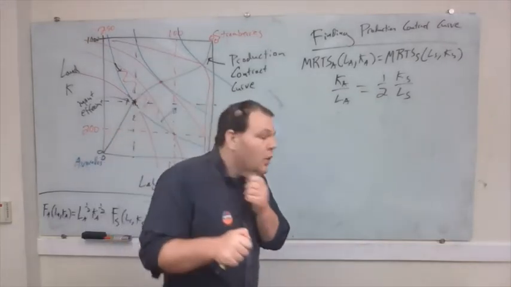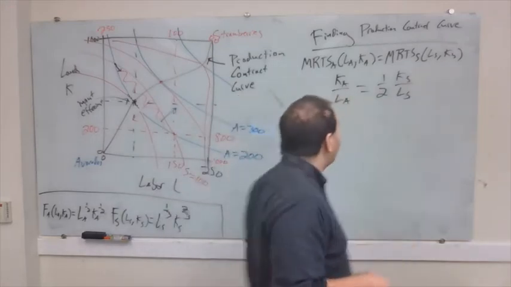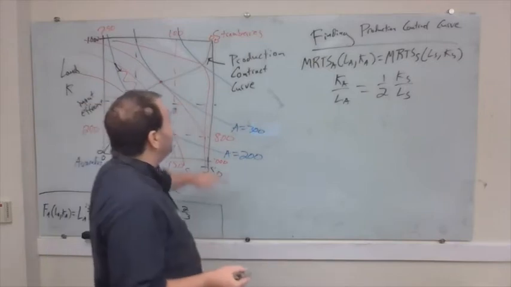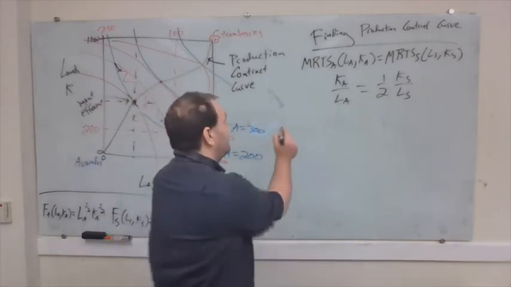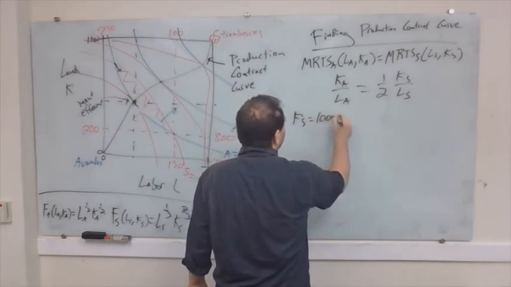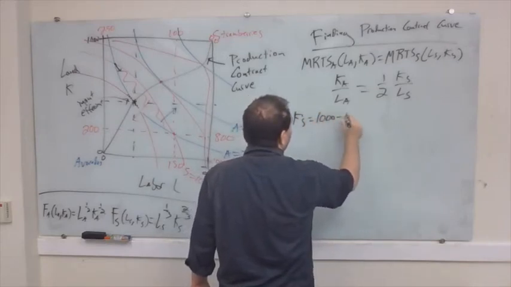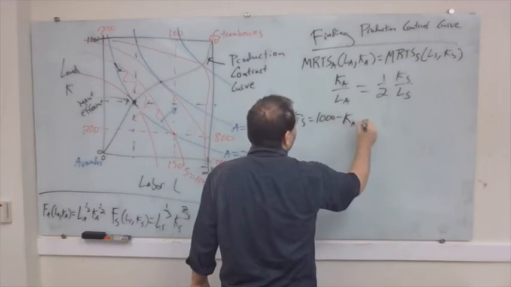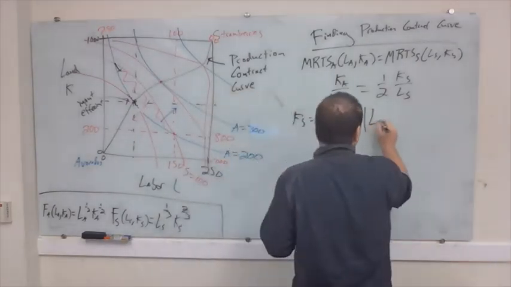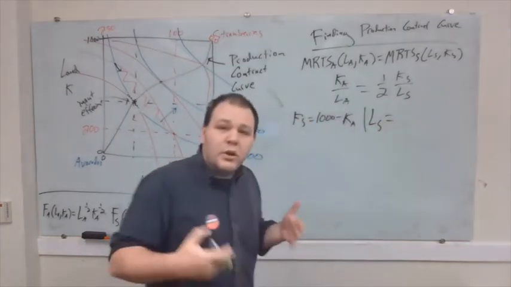Well, remember, the capital that I use in the strawberry industry is just the capital that I don't use in the avocado industry. So I can say that K_S just equals 1,000 minus K_A. And likewise, the labor I use in the strawberry industry is just the labor that I don't use in the avocado industry.